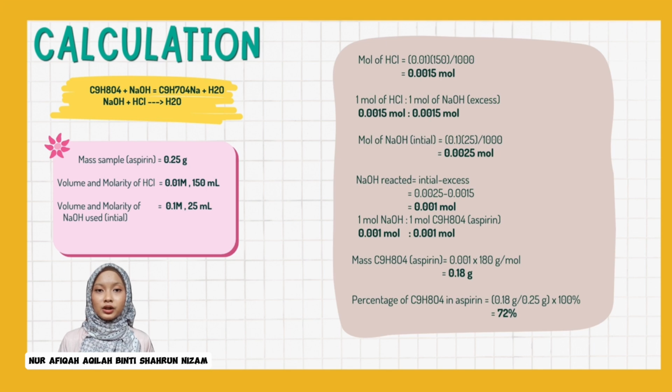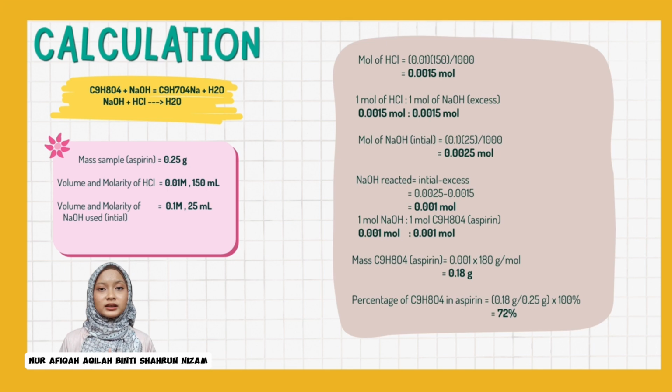To calculate the mole of HCl, multiply 0.1 with 150 and divide by 1000 to get 0.0015 mole. The excess is then calculated by comparing the mole of HCl to 1 mole of NaOH. The mole of initial NaOH is then calculated by multiplying 0.001 mole by 180 gram per mole, resulting in 0.18 gram.